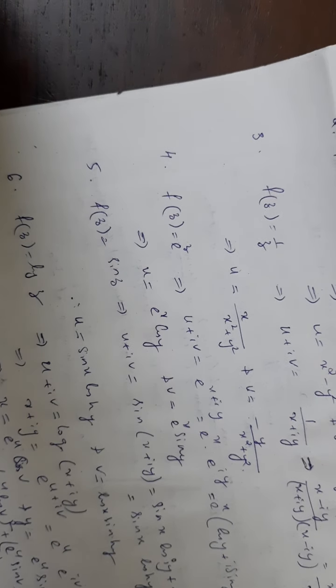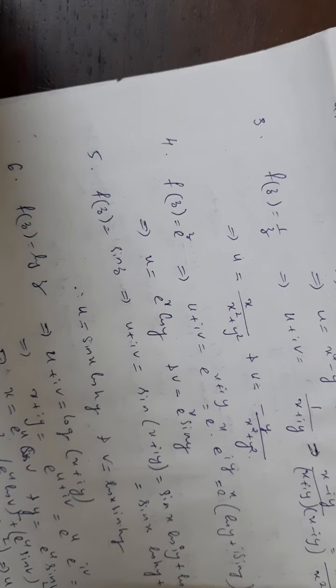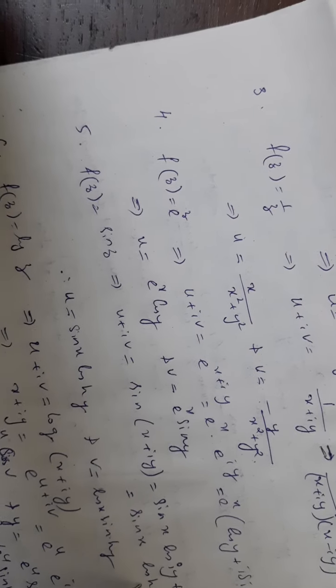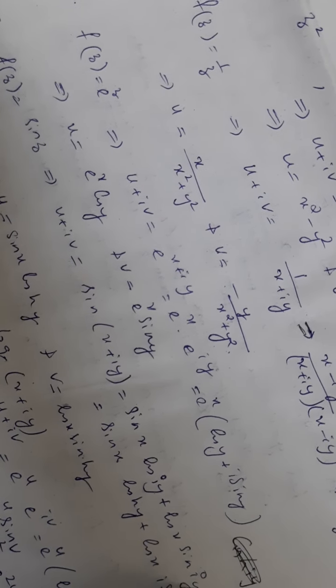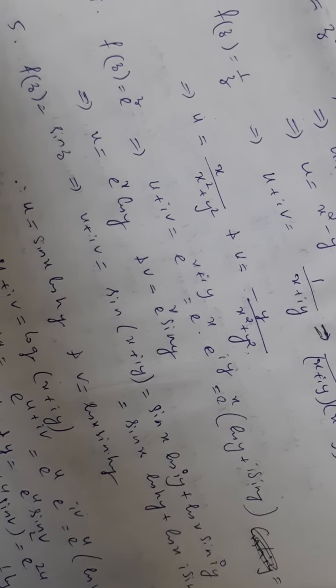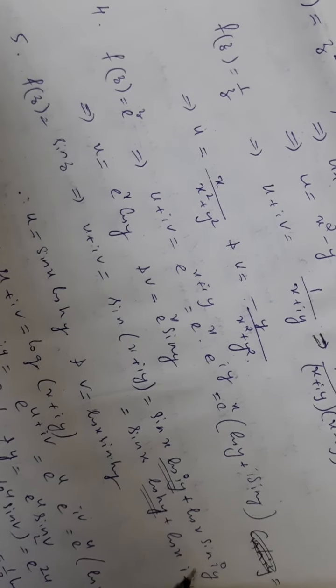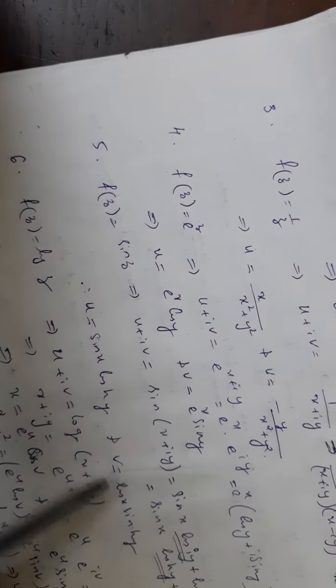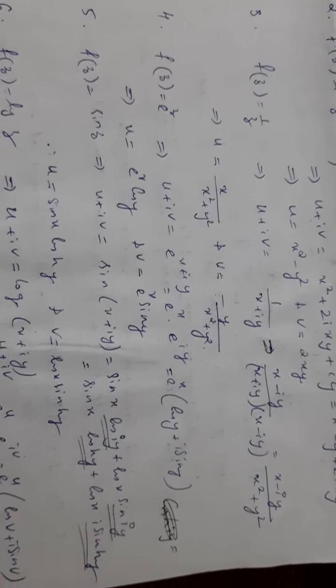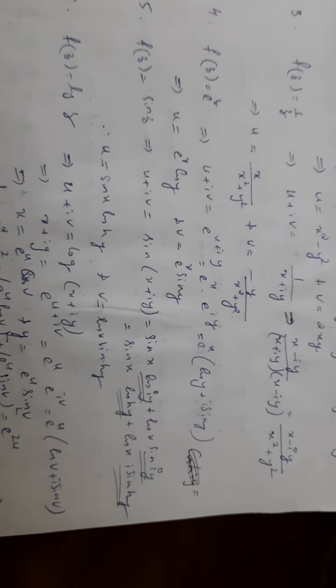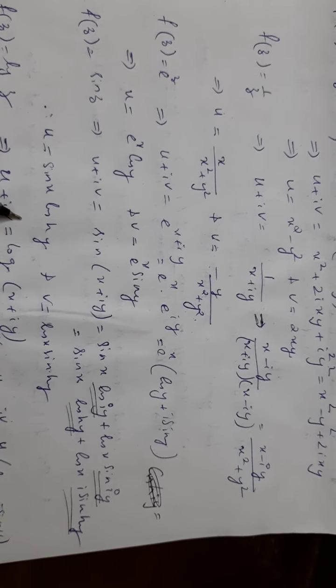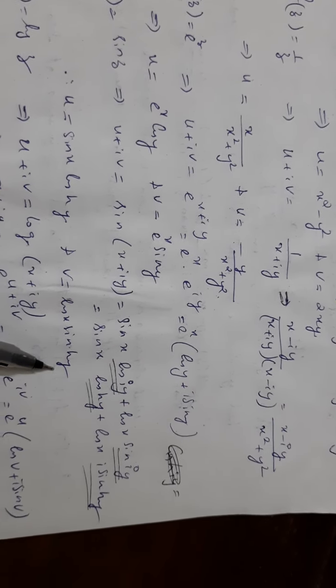And cos iy is cosh y and sin iy is i sinh y. We can convert it into hyperbolic functions. Okay, cos iy is cosh y, sin iy is i sinh y. So the real part is sin x cosh y and the imaginary part is cos x sinh y. So u is sin x cosh y, v is cos x sinh y.